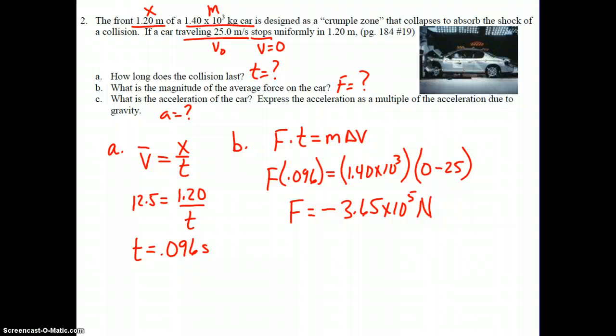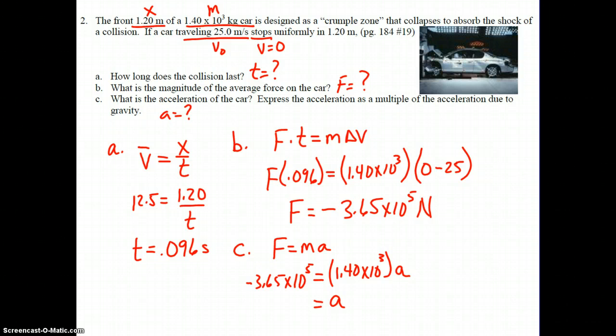And we finish up with C. What is the acceleration of the car? All we have to do here is a quick little F equals ma. Negative 3.65 times 10 to the 5th equals 1.40 times 10 to the 3rd times a.